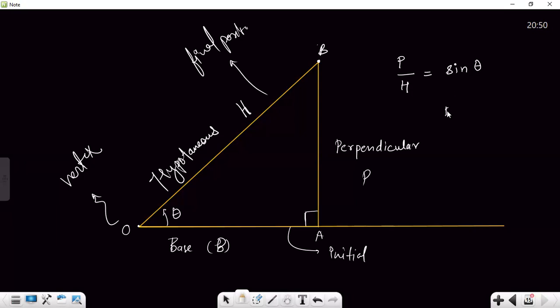If I take the base and divide it by the hypotenuse, I'll call that ratio cosine of theta. I'm writing cos theta, the short form of cosine. If I divide the perpendicular by the base, I'll call it tangent of theta. I'm writing tan, it is actually tangent.